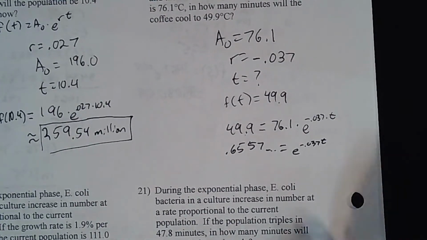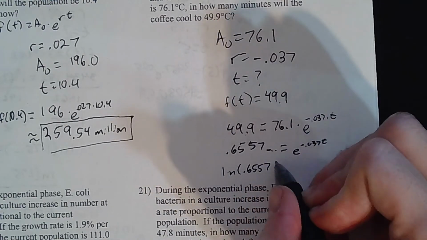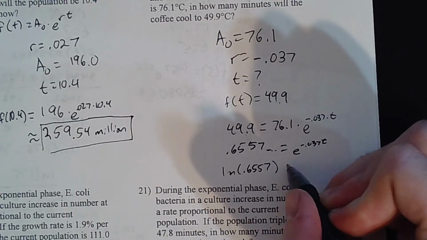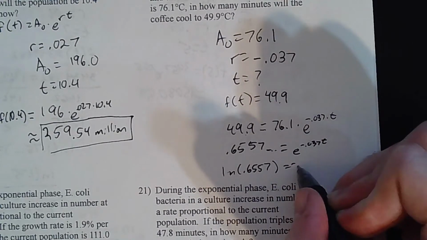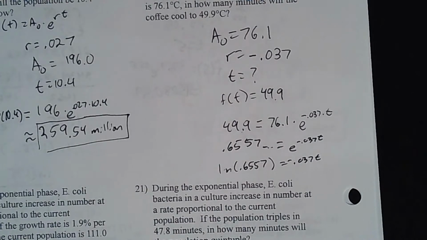Same stuff that we've been doing. We want to do the ln of 0.6557 equals negative 0.037t. Divide both sides by 0.037. Don't forget it's negative. And your final answer will be, I'm plugging into my calculator.